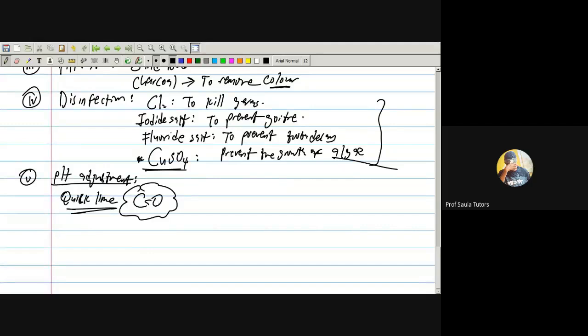Then when all these things are done, this water can now be passed to our community. Now it is safe for drinking. There are some countries, like Kuwait, those desert countries, where water is not abundant, where the water you use from your bathroom and toilet is recycled back for you.